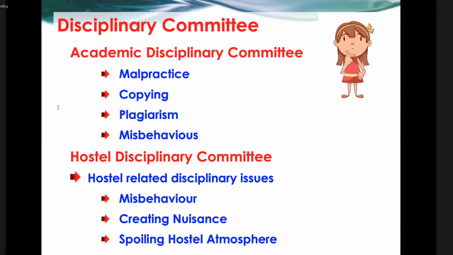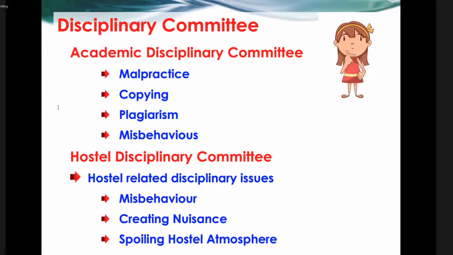Another one, hostel disciplinary committee. This committee is to take all the disciplinary related activities that take place in the hostel. If you are misbehaving with your seniors, or even a senior is misbehaving with you, every case can be reported to the hostel concerned authorities, and then they will refer it to the hostel disciplinary committee.